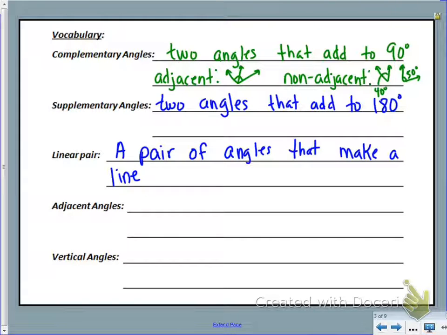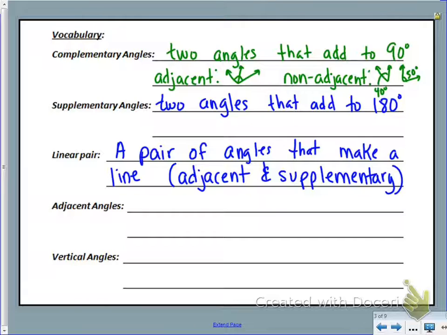So essentially what this means is it's required to be a pair of adjacent angles, so they must be attached, and they must be supplementary. That's how the line is created, by making a total of 180 degrees. So if I have a line and I draw in another ray, I have my second angle. So angles 1 and 2 are considered a linear pair.